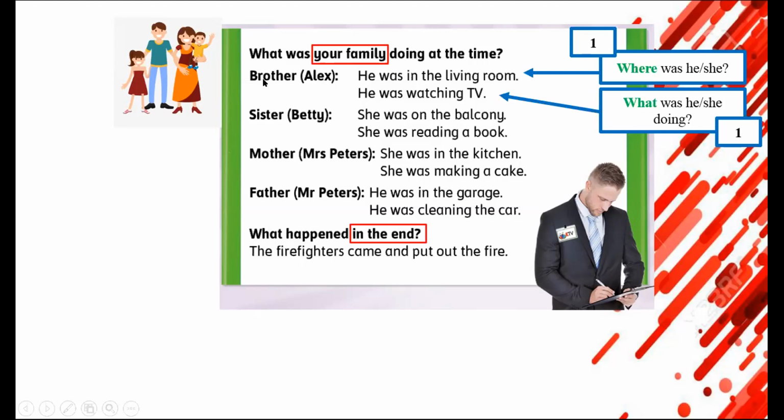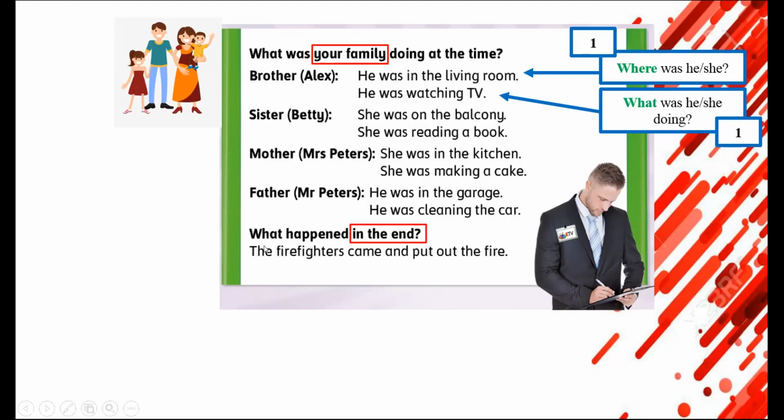So for your brother, two sentences. For your sister, two sentences. For your mother, the same. For your father, the same. Where was he? And what was he doing? Similar to these examples.